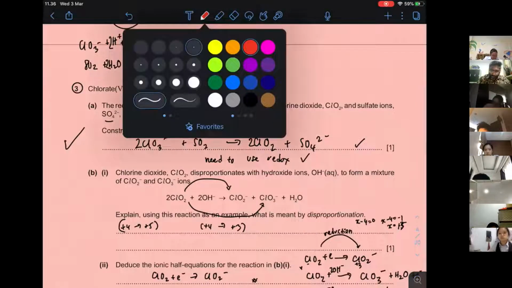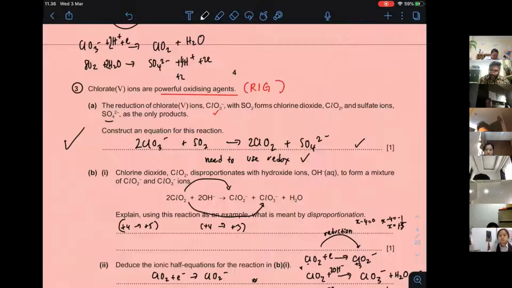So if I put it in half equation form, you see ClO3 minus is going to be forming ClO2. And do remember, this is going to be a powerful oxidizing agent. It means that they are going to gain electrons. So just in case, I'll just put it over there.